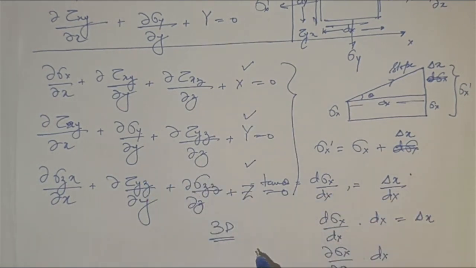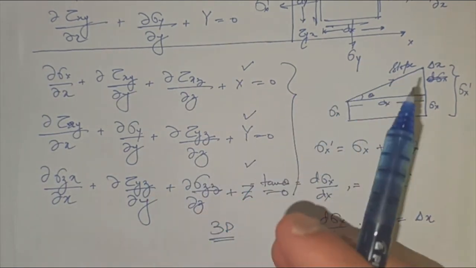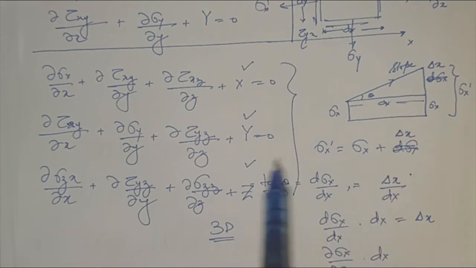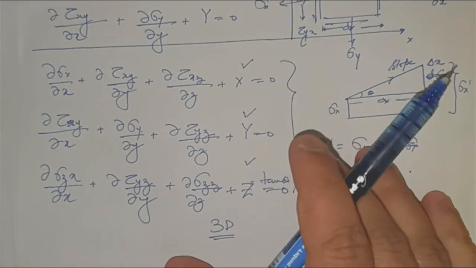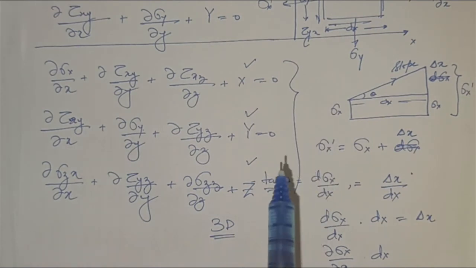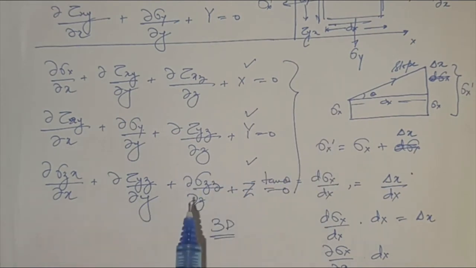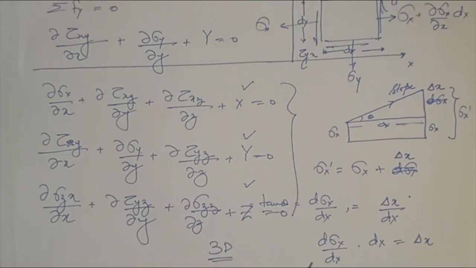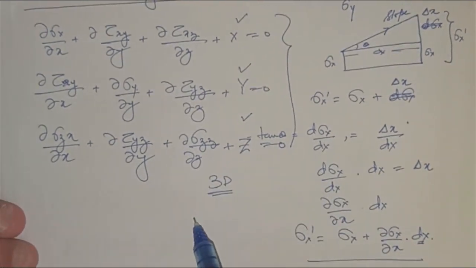These equations look a bit complex, but they are not so. I would give you an idea of how to learn them. These are very easy to learn. You know the stress tensor. What was the stress tensor?